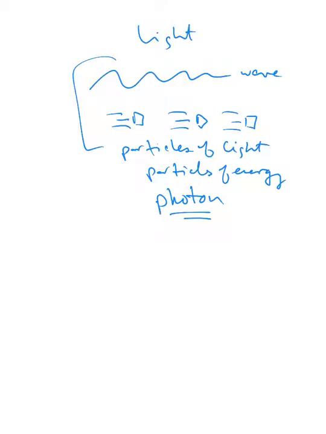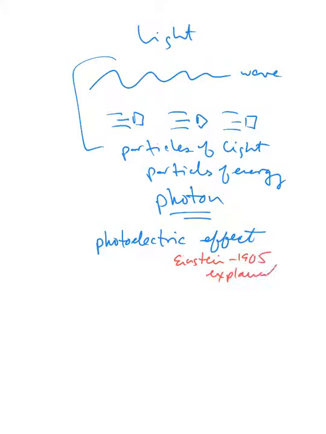You have to understand light behaving as a particle to explain what's called the photoelectric effect. This was an experiment that was done at the end of the 1800s, but Einstein explained it in 1905. And he got the Nobel Prize in 1921 for this explanation.